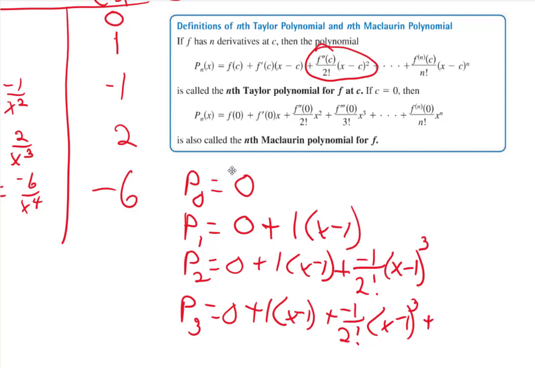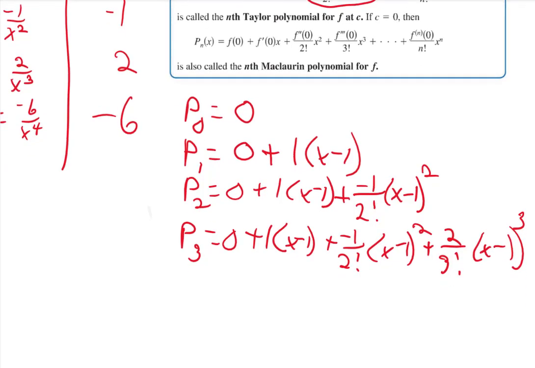The third derivative is 2 over 3 factorial times x minus 1 to the third power. I actually made a mistake when we're dealing with the second one. It's x minus 1 quantity squared.